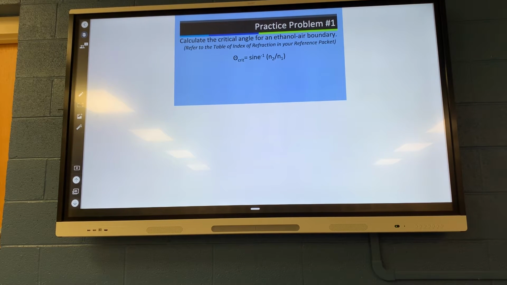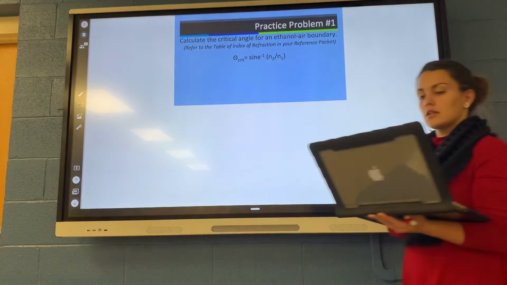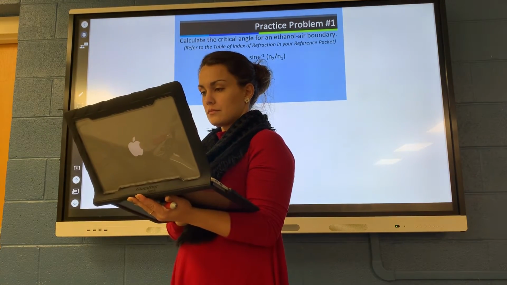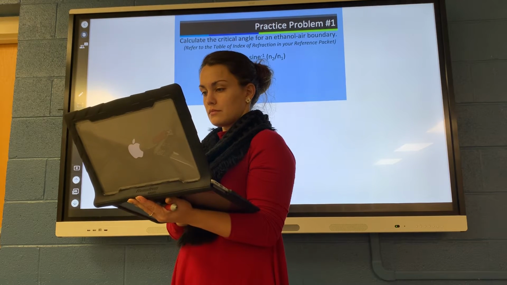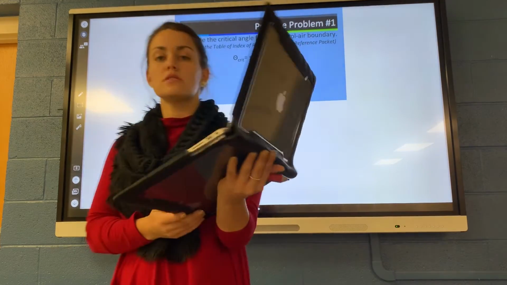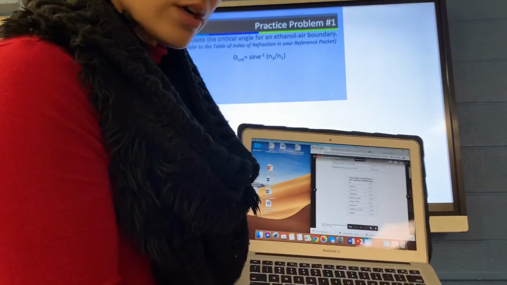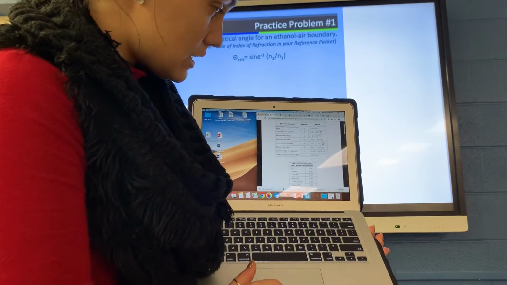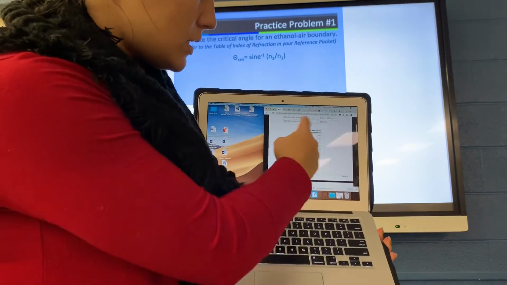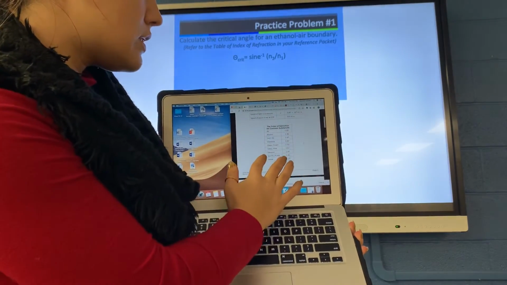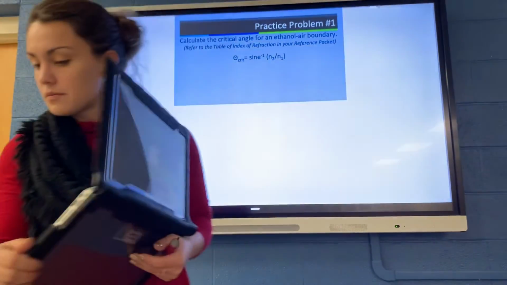All right, I've got my laptop here. Let me find it. All right, so if you see on the front page of your reference sheet, you should see this. Right here is the index of refraction for common substances. I'm going to use this to go through those that are on the board.